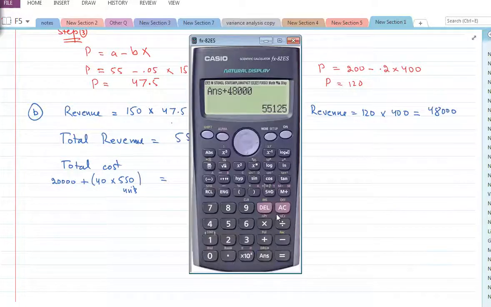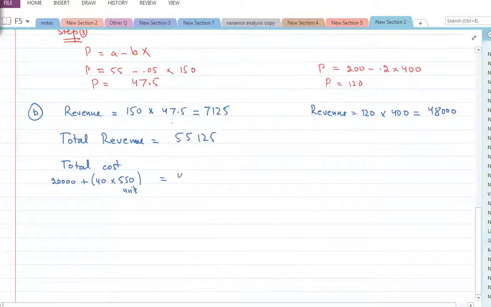So the total cost will be 40 multiplied by 550 plus 20,000, which is 42,000.